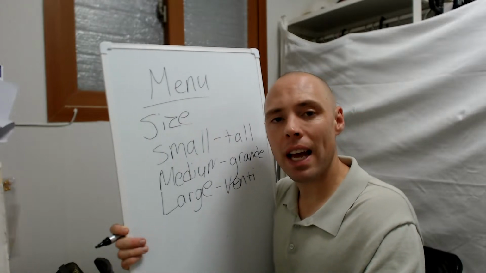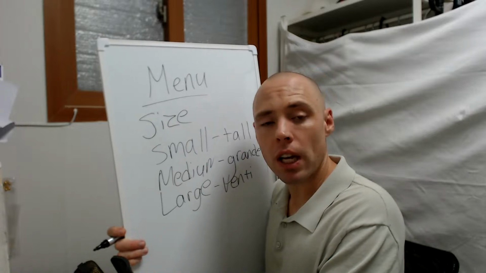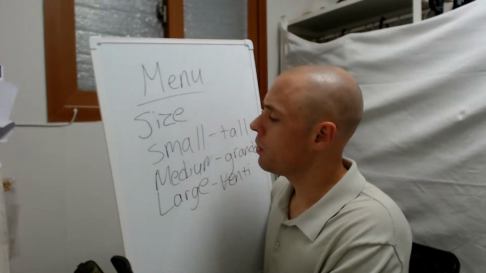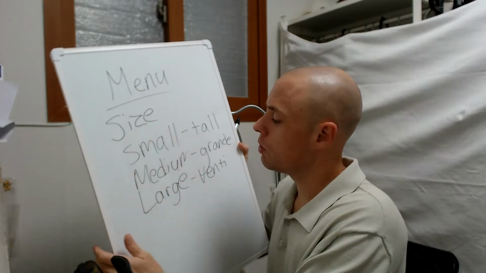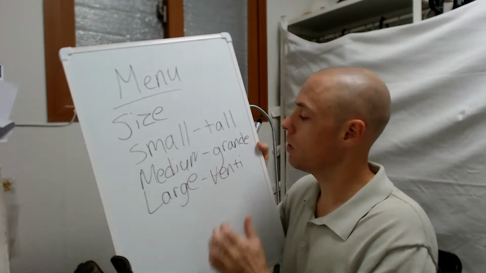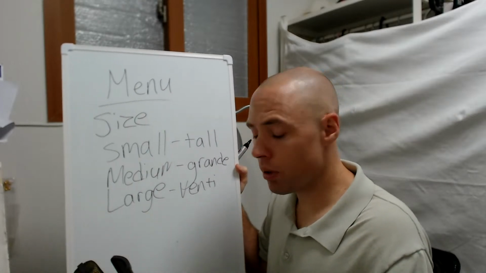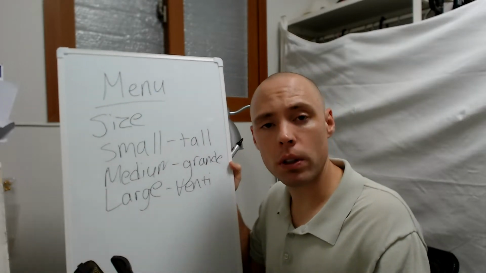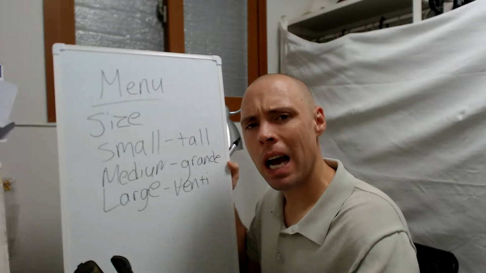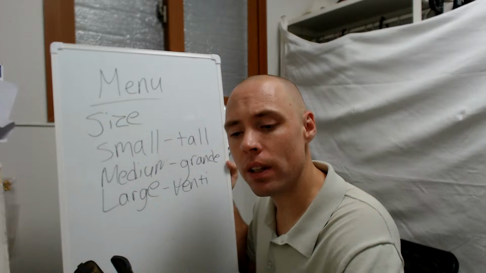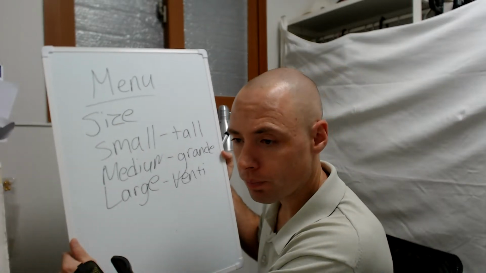Tall, grande, and venti. They just like to be unique, and that's why they're special. So when you're looking at the size, most places use small, medium, large, but Starbucks, tall, grande, and venti. And as I'm doing this, I'm noticing that it's a little awkward to keep turning my head and also awkward to hold this. I'm going to come up with a better way of doing this in my next video. So let's continue on though.